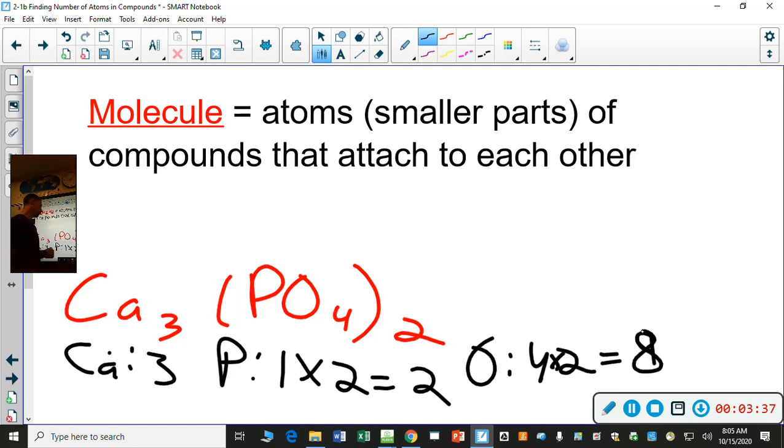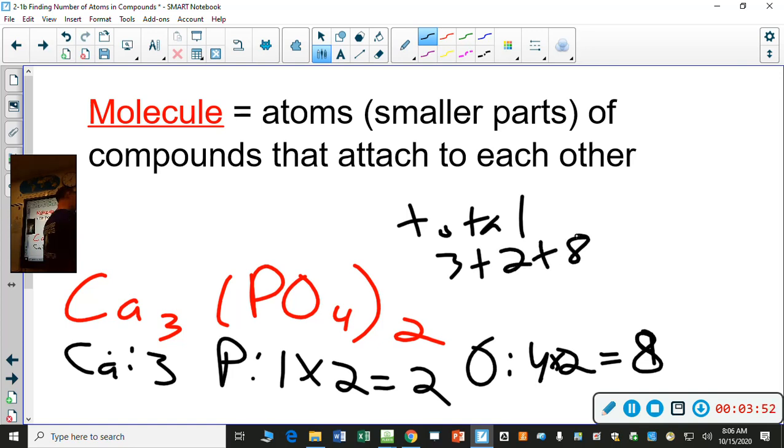So there's 8 atoms of oxygen. If we total this all up, it's going to be 3 plus 2 plus 8. 8 plus 2 is 10, plus 3 is 13 atoms. All right, so that's the total on that one.